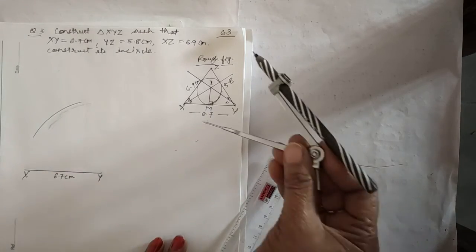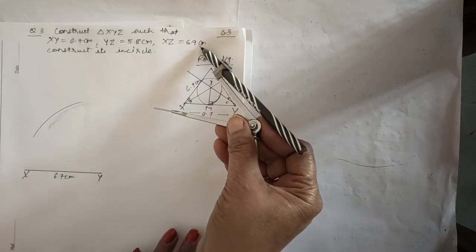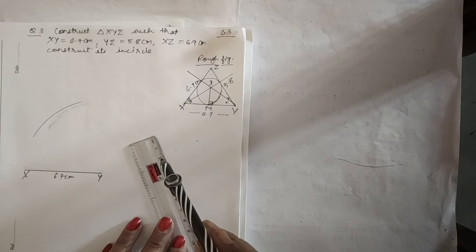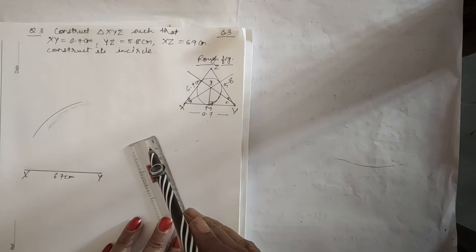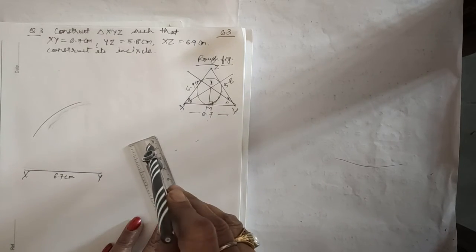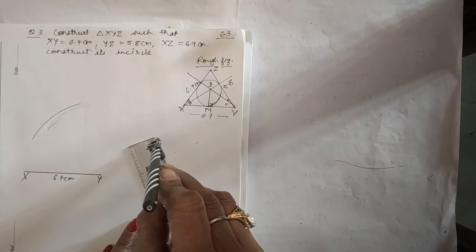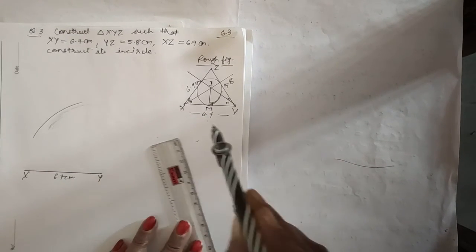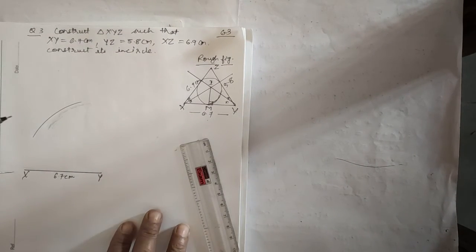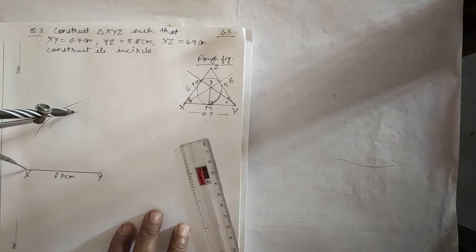Now XZ is given as 6.9, so take 6.9 with the help of the compass, and take X as center and cut off the previous arc.